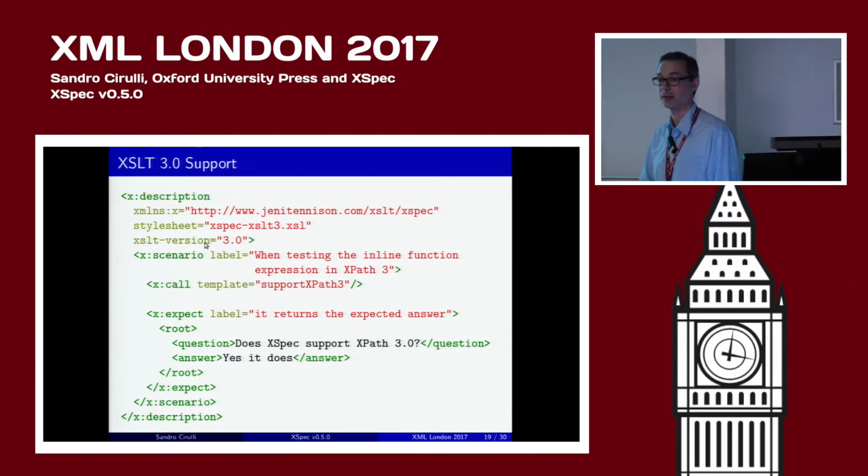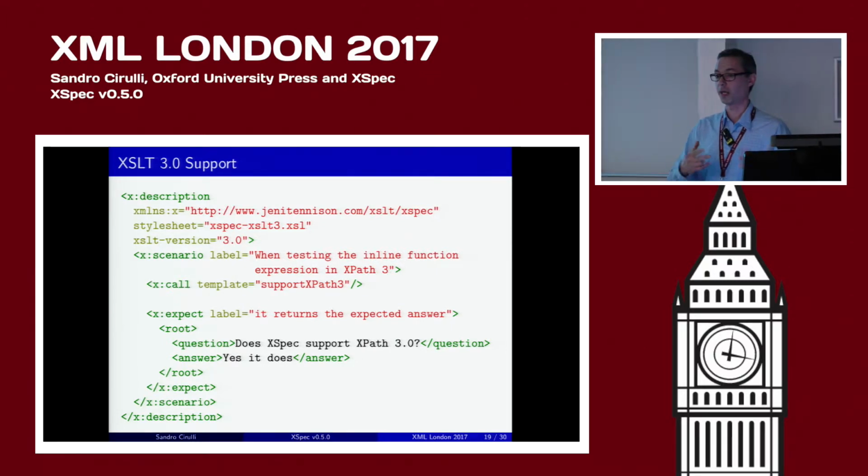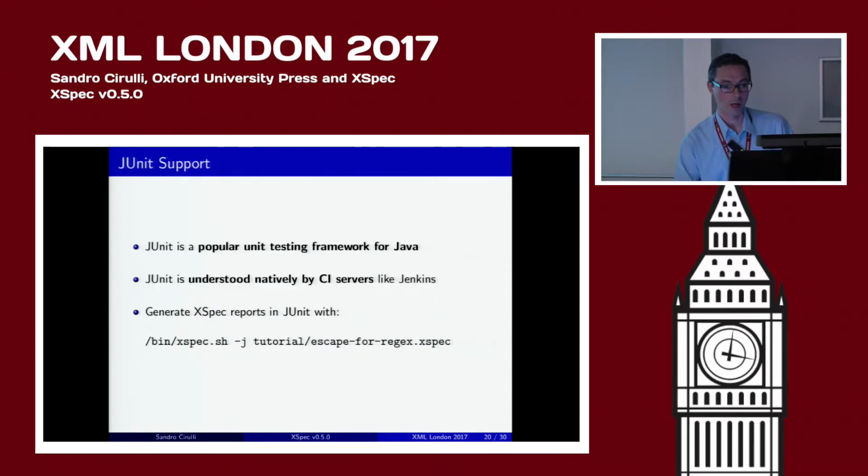By default, XSpec will use XSLT2, but if you specify that you want to test an XSLT3 style sheet, just use this attribute, and it should support XSLT3 testing. This patch was actually provided by Oxygen, and they first integrated it into the version of XSpec which was in Oxygen at the time.